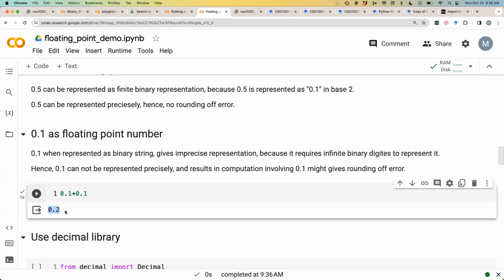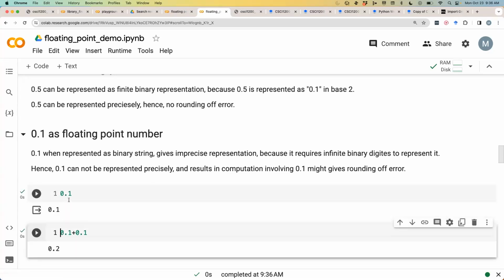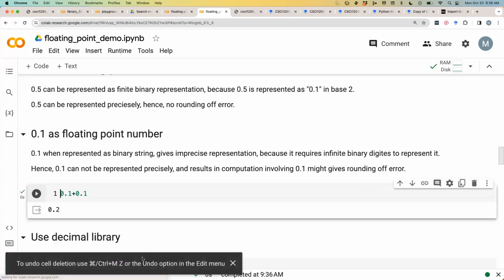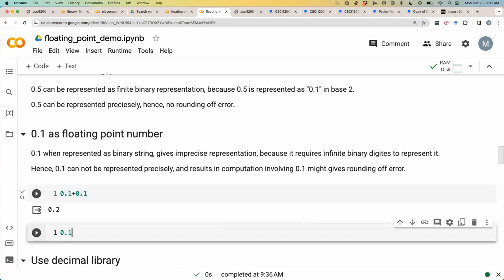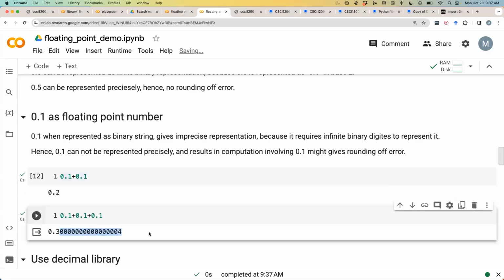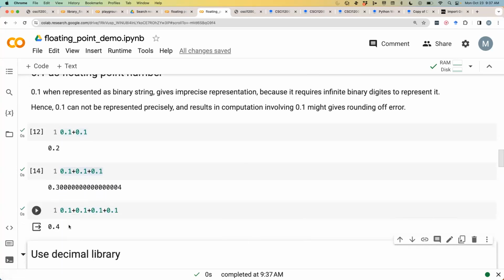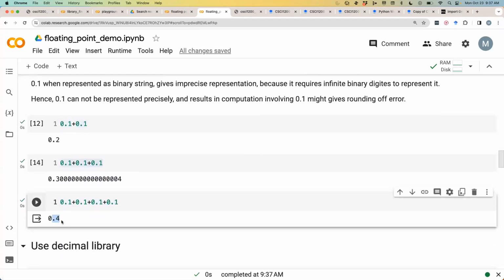We didn't see the bunch of zeros with 4 that we have seen earlier. 0.1 cannot be represented precisely, but 0.1 plus 0.1 is represented as 0.2. But when we add one more 0.1, the rounding off error occurs. Okay, it's not precise anymore. And now if I add one more, the rounding off error gets canceled. So this error can get canceled out. Sometimes we get an error, sometimes we don't.